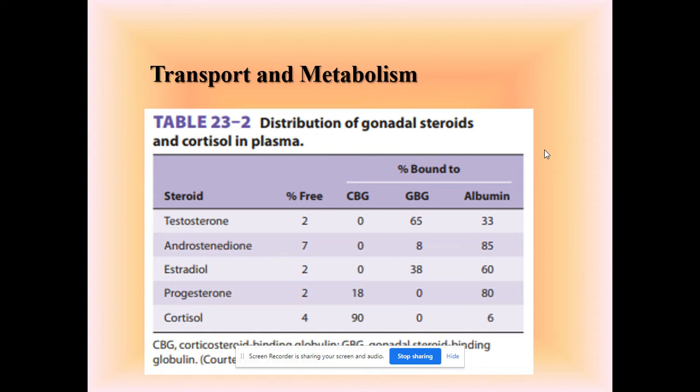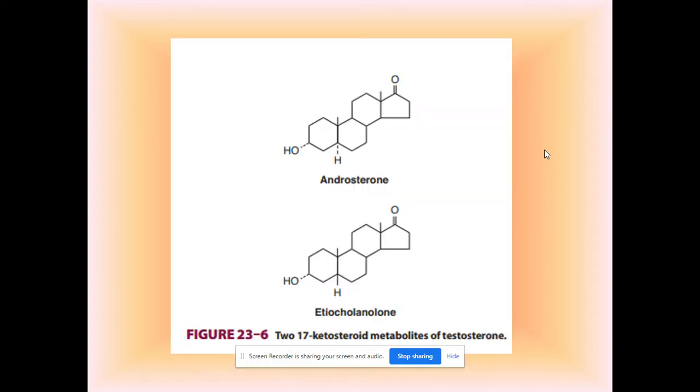The plasma testosterone level, free and bound, is about 300 to 1000 nanograms per deciliter in adult men, compared with 30 to 70 nanograms per deciliter in adult women. It declines somewhat with age in males.